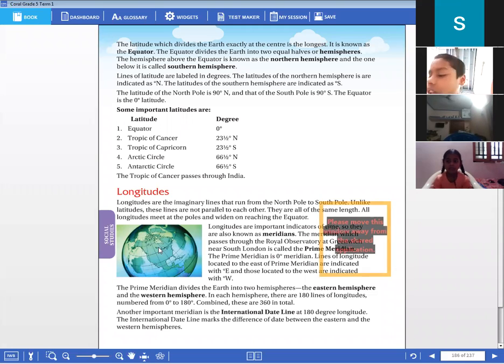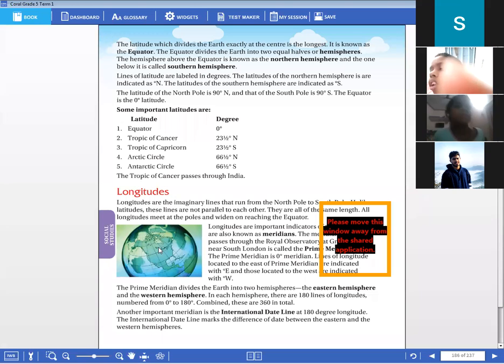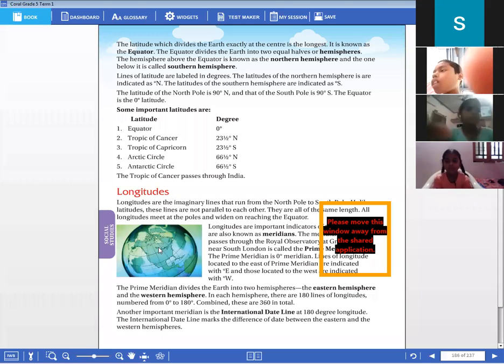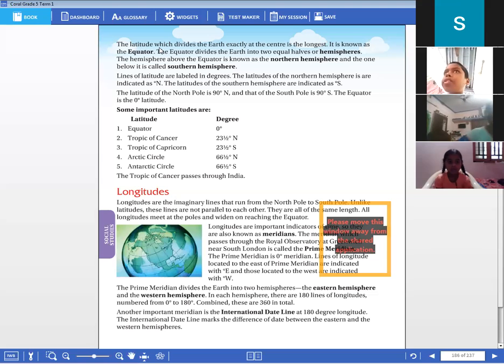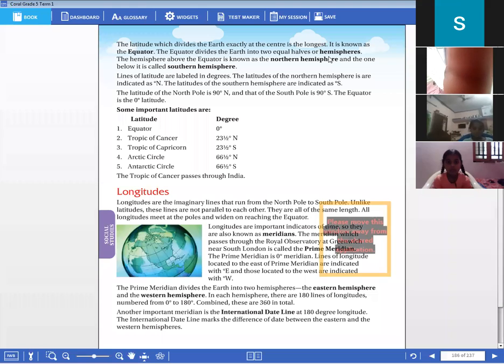The prime meridian is an imaginary line. We should not forget to say imaginary line which divides the earth into two hemispheres. Here you can see the equator. Equator is the longest latitude which divides the earth into two halves, and we call that half a hemisphere.